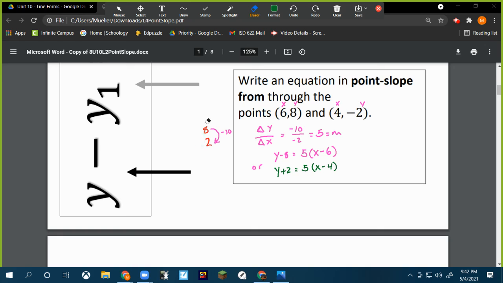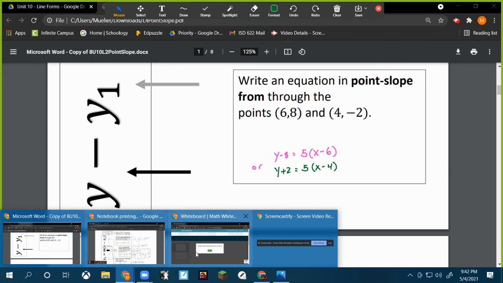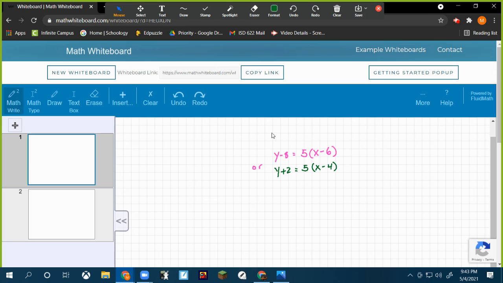And there it goes. So I'm going to pop over to another resource here. Just going to leave up my equations. Okay, let's jump over to what's called Math Whiteboard. Notice I got the equations here. I'm going to rewrite those on the actual site here. I'm going to use this math write function, which lets me write on here. I have a writing tablet, so it makes it easy. If you don't want to do that, you can always use math type and just type with your keyboard.